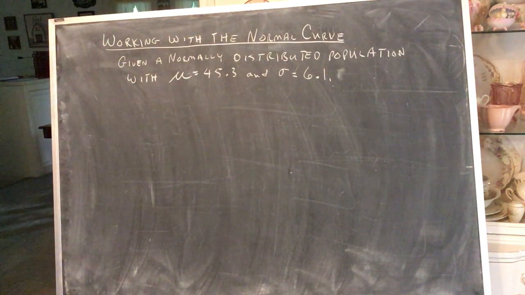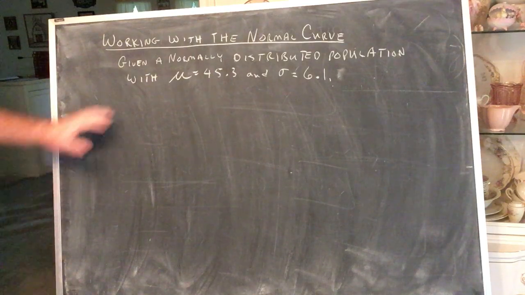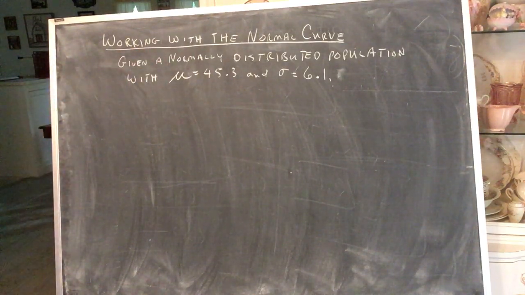All right, so now we're going to do some problems where we are working with the normal curve, and we're going to see if we can figure out how to work these problems all the way down. So we're given a normally distributed population with the population mean equal to, let's say, 45.3, and the standard deviation is 6.1.